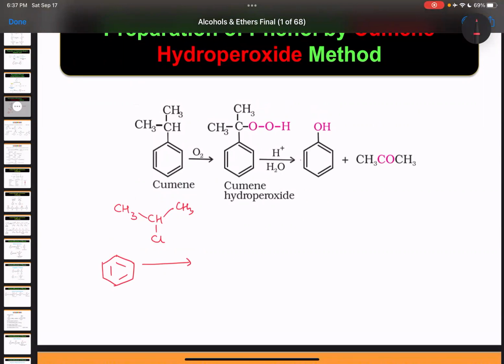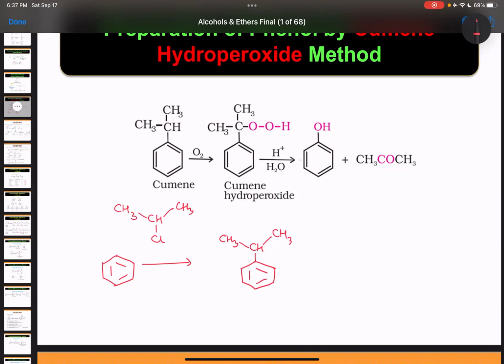How can we get cumene or isopropyl benzene if we take isopropyl chloride and benzene? Which reaction is this? This is your Friedel-Crafts alkylation.